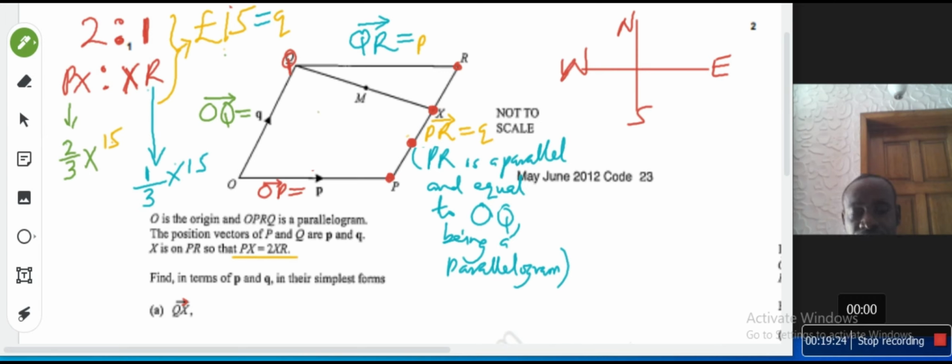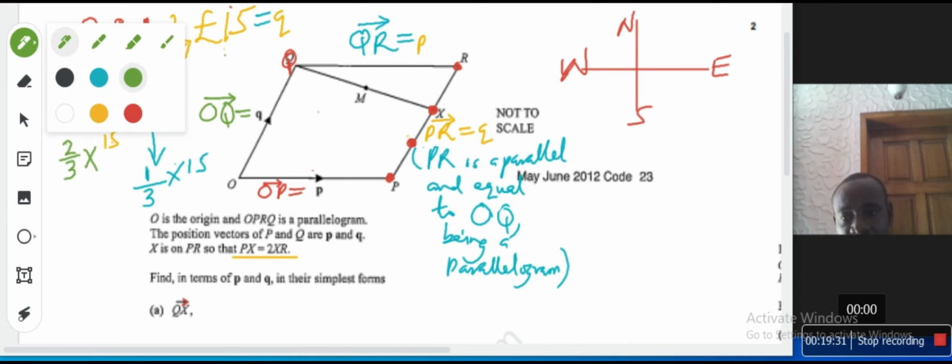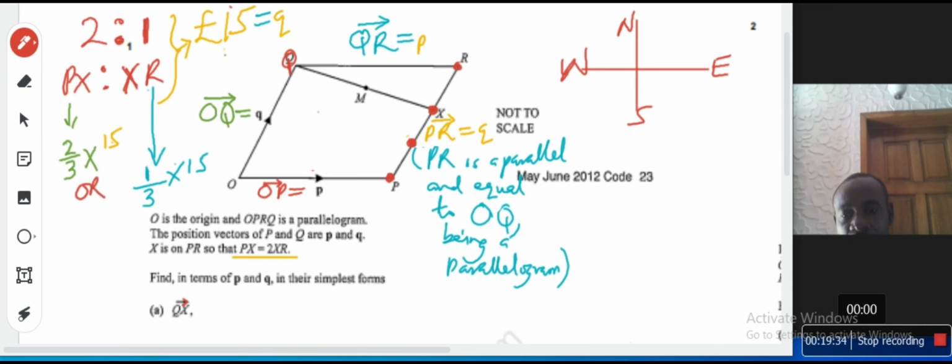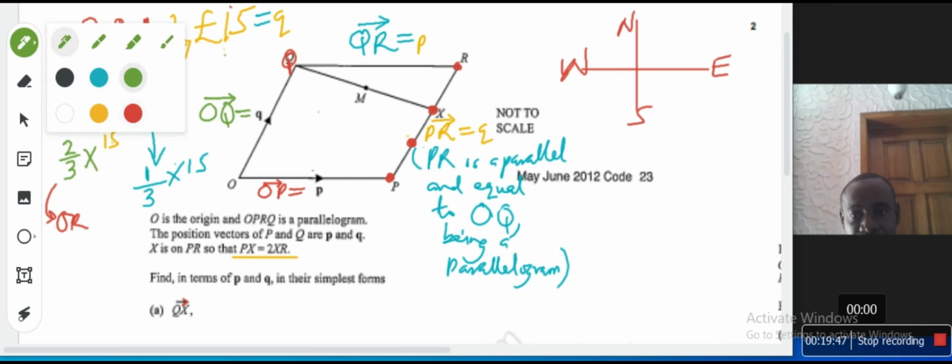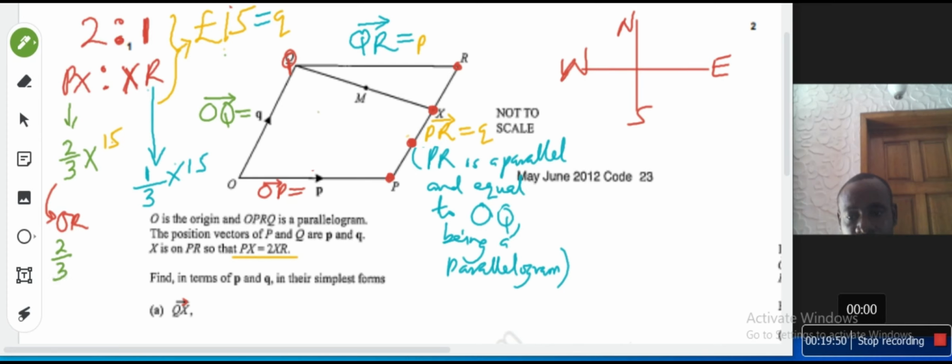Now, since they are sharing Q, it's going to be, so I will just say or, let me write it below it, it's going to be 2 over 3 times the real thing they are sharing, which is Q. What is 2 over 3 times Q?